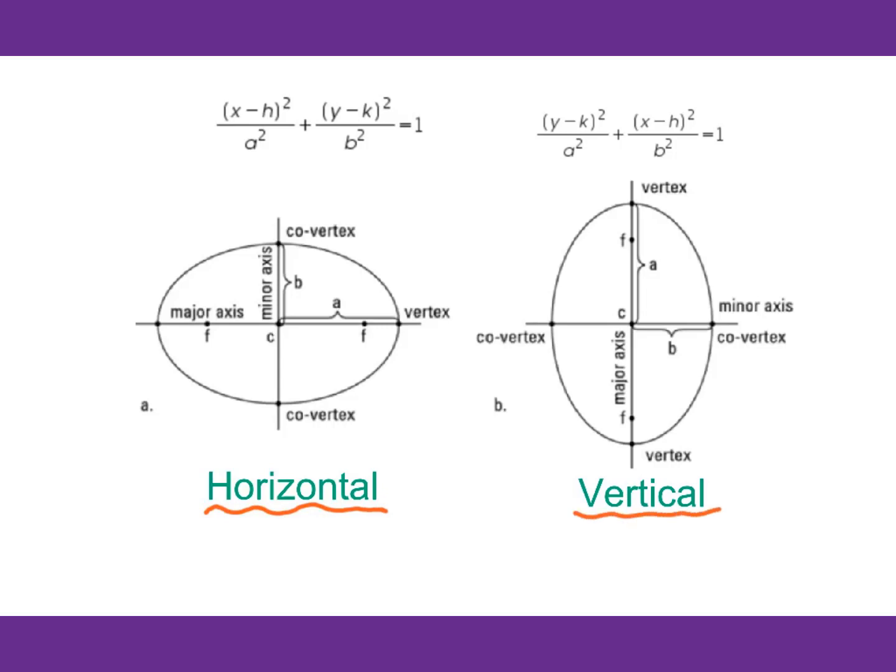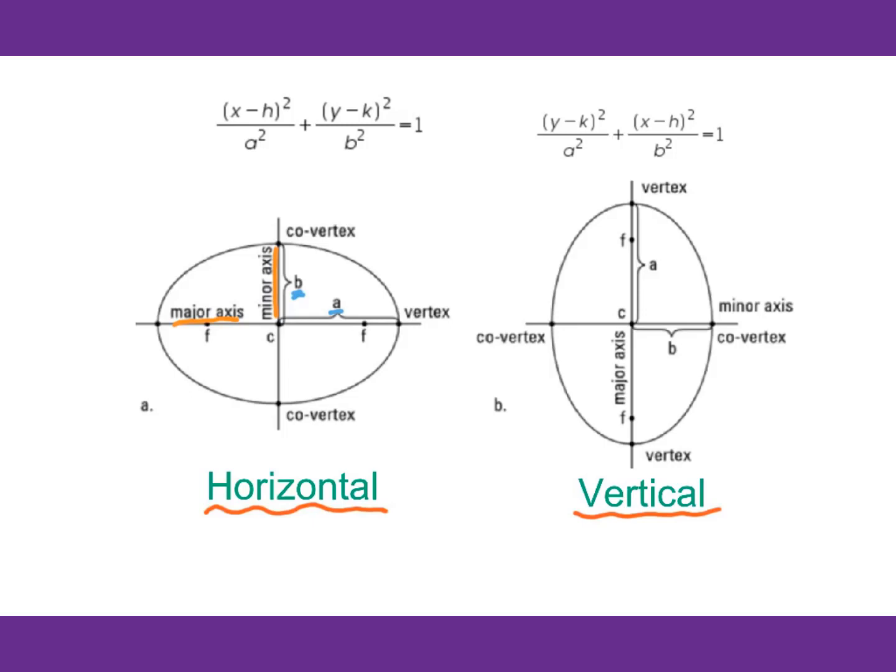For ellipse, we have a horizontal ellipse and a vertical ellipse. The longer axis we call the major axis. The shorter axis we call the minor axis. For the major axis, from center to vertex, we label it as A. From center to the co-vertex, we label it as B. Together we have 4 vertices.